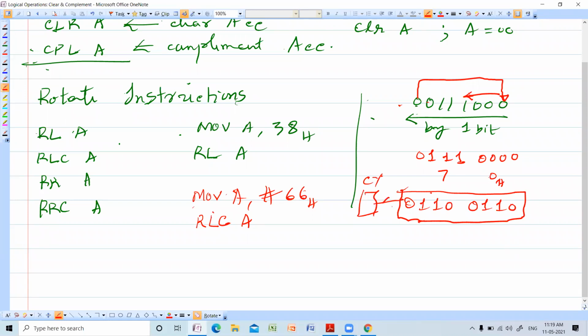Earlier the carry was 0. You are rotating left through carry.